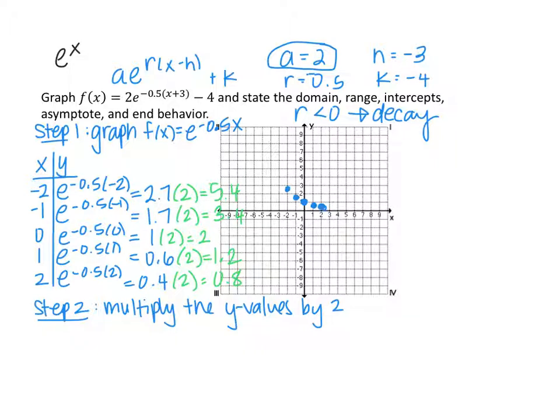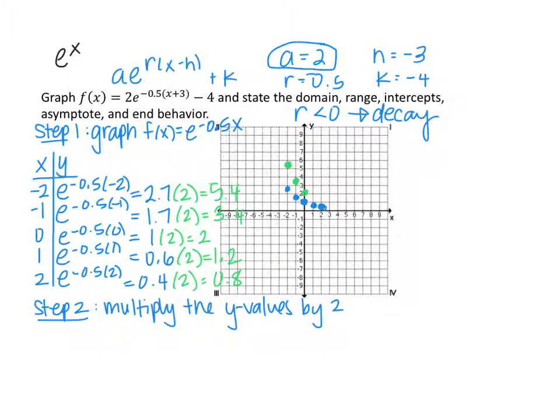So all of these points are now moved. The multiply by 2 makes the y values get higher, they get doubled. For example, I'm going to start with the negative 2, 2.7, and now it becomes negative 2, 5.4, which is up here. Negative 1, 1.7 now becomes negative 1, 3.4. 0, 1 becomes 0, 2.